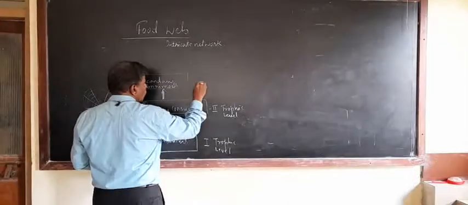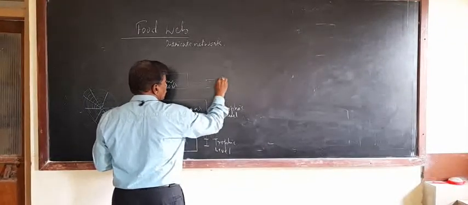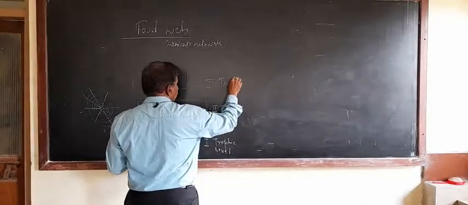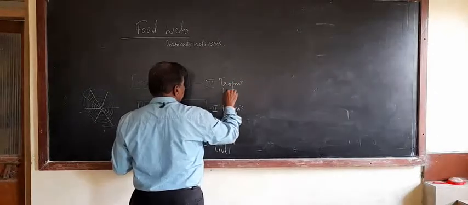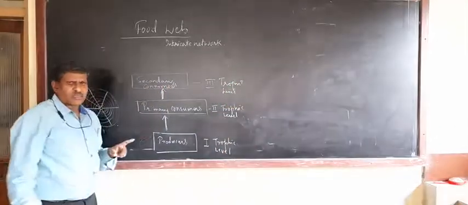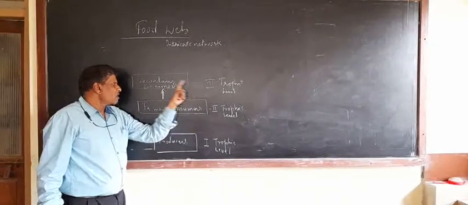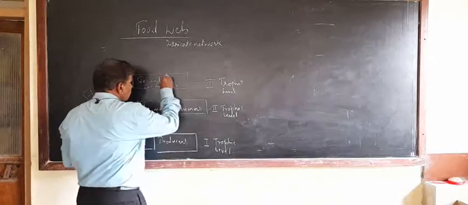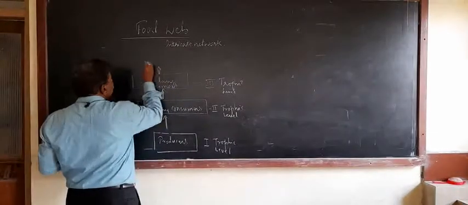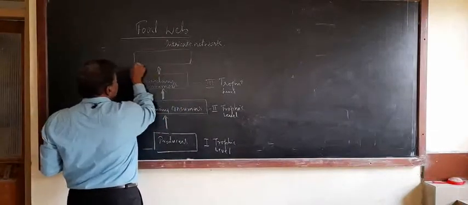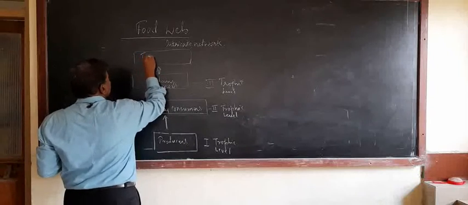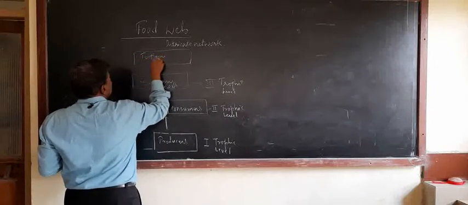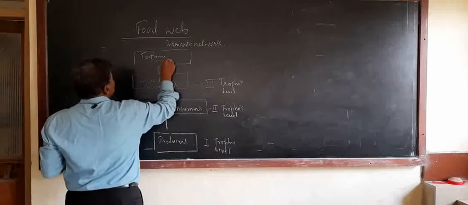When the secondary consumers feed upon the primary consumers, the food present in the second trophic level organisms is getting transferred to secondary consumers, or third trophic level organisms. Then transfer of food takes place from secondary consumers to tertiary consumers.